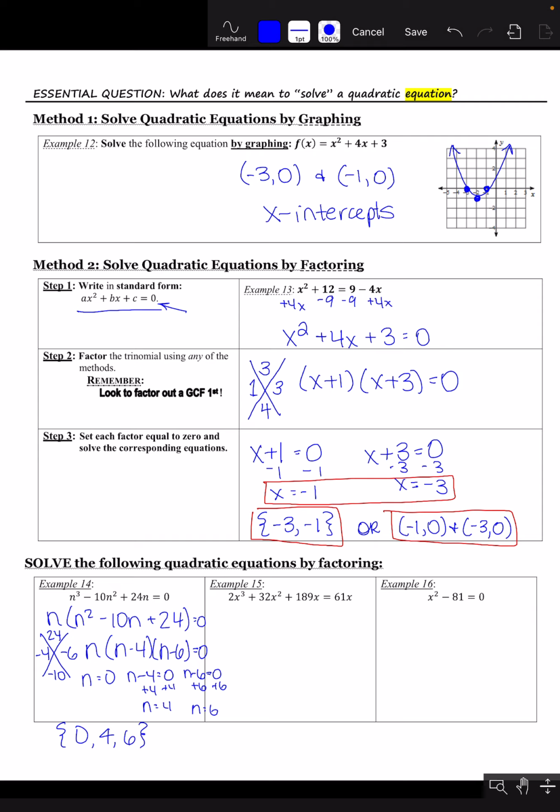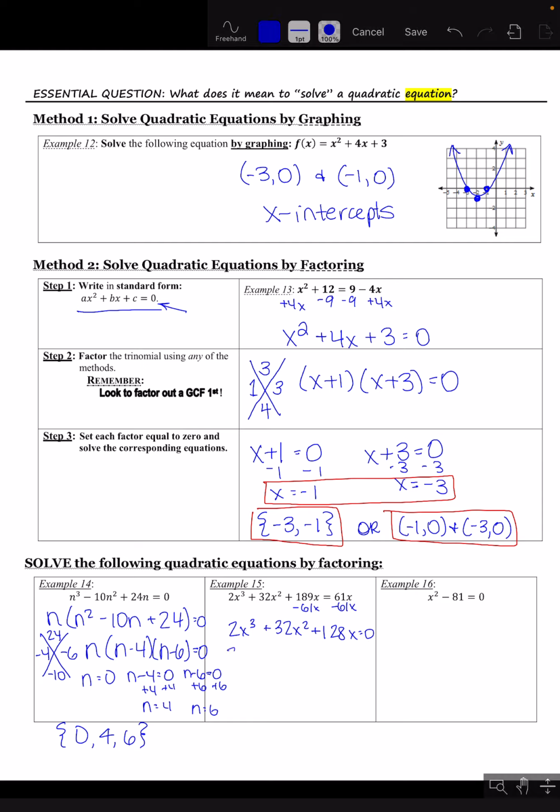All right, then we've got example 15, 2x cubed plus 32x squared plus 189x equals 61x. In order to solve, we need it equal to 0, so we'll subtract 61x from both sides. So now it's equal to 0, and now we have to check for a GCF.